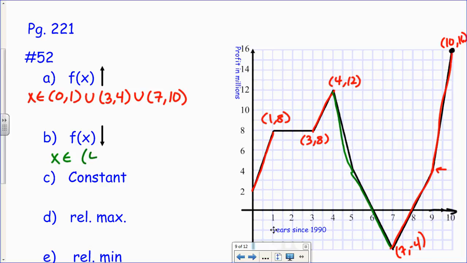So it still goes 4 to 7. And then I was constant just right there. So 1 to 3. Remember, you write these in terms of X. It's really important for these that you have your element sign. Your X is an element. So we know it's an interval and not an ordered pair.